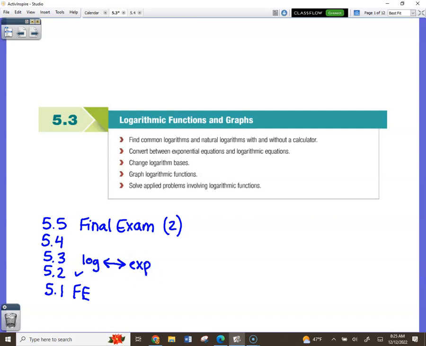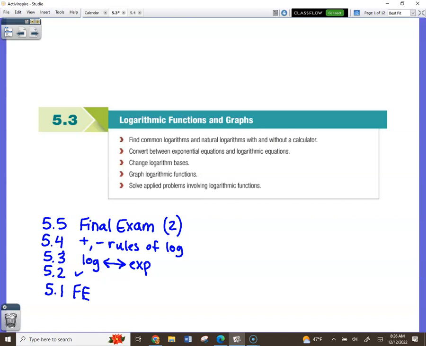Then you have to see 5-4 to learn the addition, subtraction, I'm going to say rules of logs. You have to learn those in order to get to 5-5, which is just solving log equations, which entails being able to switch and knowing the rules.